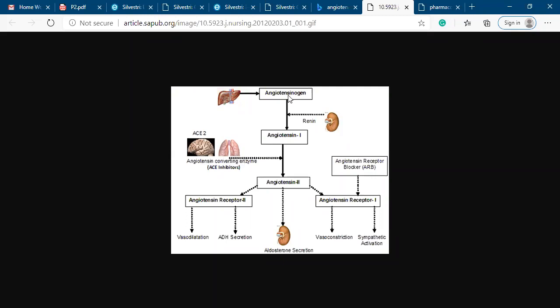Normally angiotensinogen secreted by the liver converts to angiotensin 1 in the presence of renin. Angiotensin 1 converts to angiotensin 2. When angiotensin 2 forms, it has the effect of vasoconstriction and sympathetic activity.